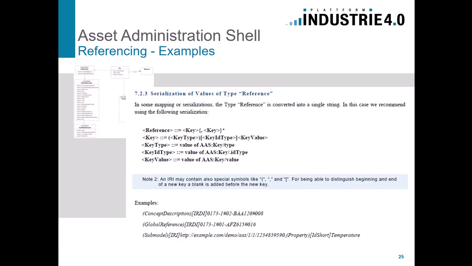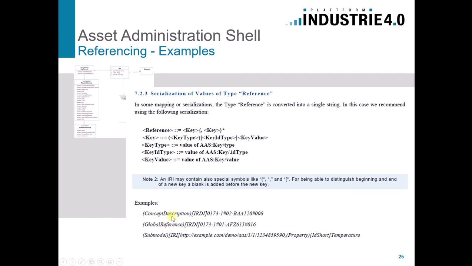Here is an example for the referencing. We just look at the examples themselves. So this is the grammar, how to do it. So here you see a reference. It's an IRDI of E-class to a concept description. The same thing for a global reference.